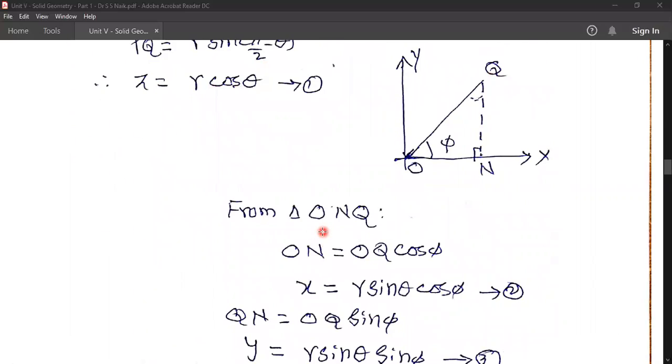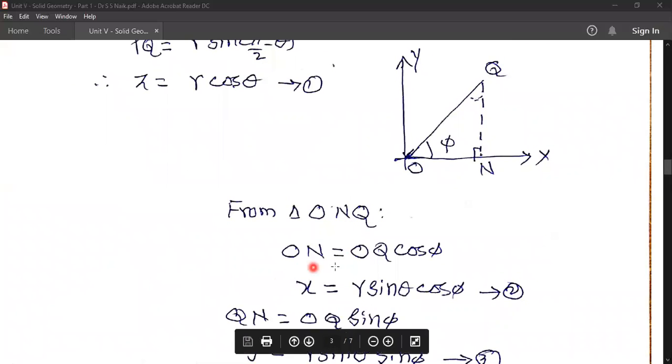Then from the triangle ONQ, ON is equal to OQ cos phi. ON is along the x axis.